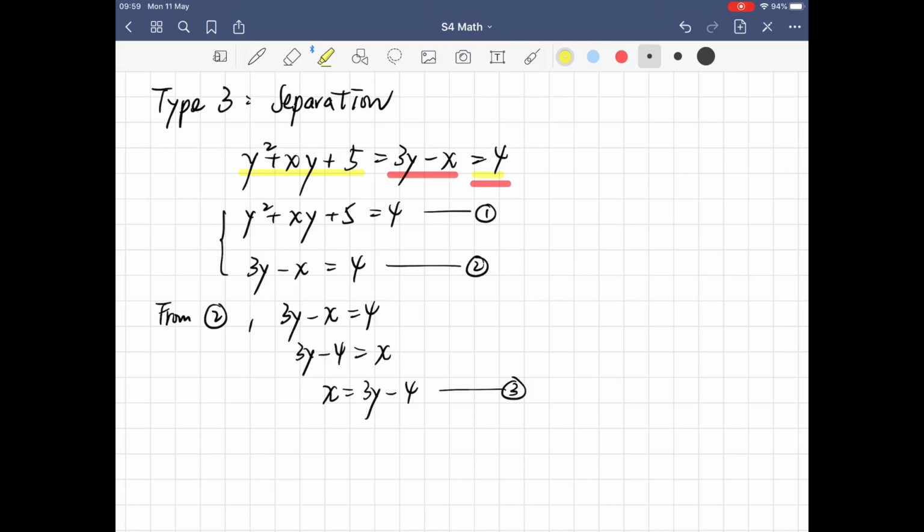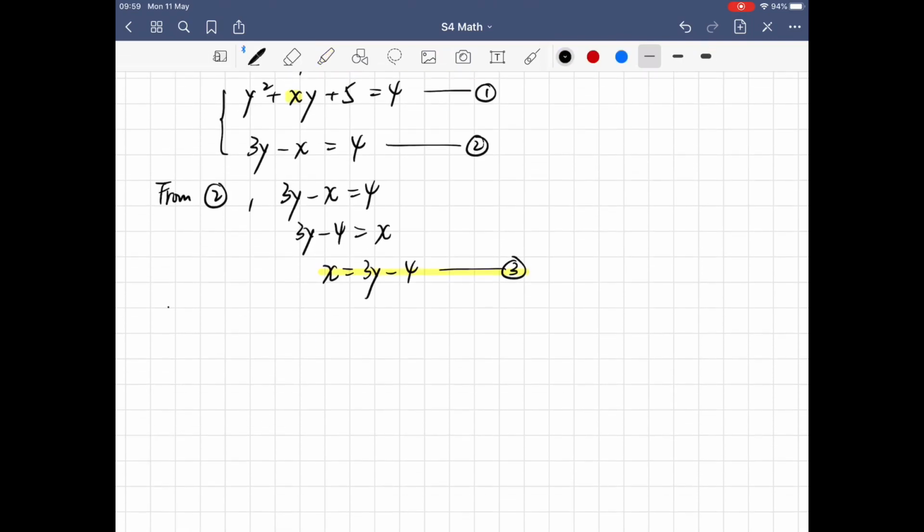Okay, then we can substitute equation 3 back into equation 1. So that we have y squared plus (3y minus 4) times y plus 5 equals 4.